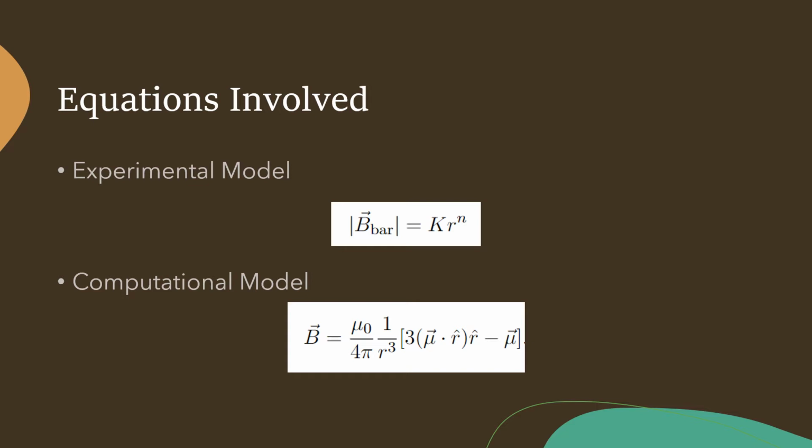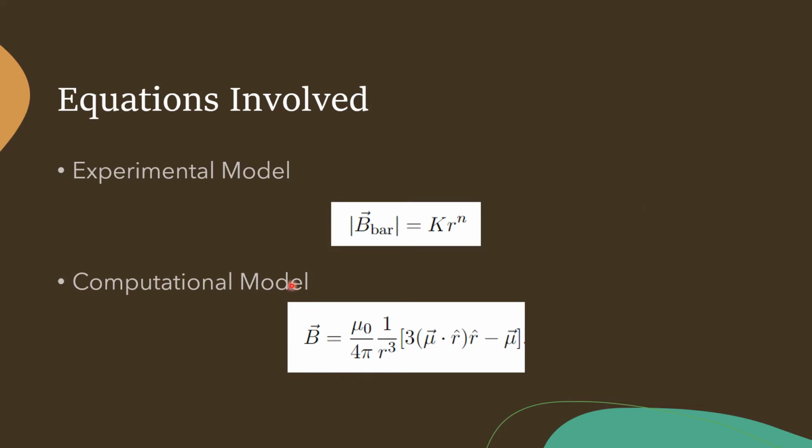Some of the equations we use. Experimentally, B, the absolute value of the magnetic field of a bar magnet, is equal to a constant K times r raised to the n, where r is our distance away, and n is the proportionality, and K is some constant like mu naught over 4 pi.